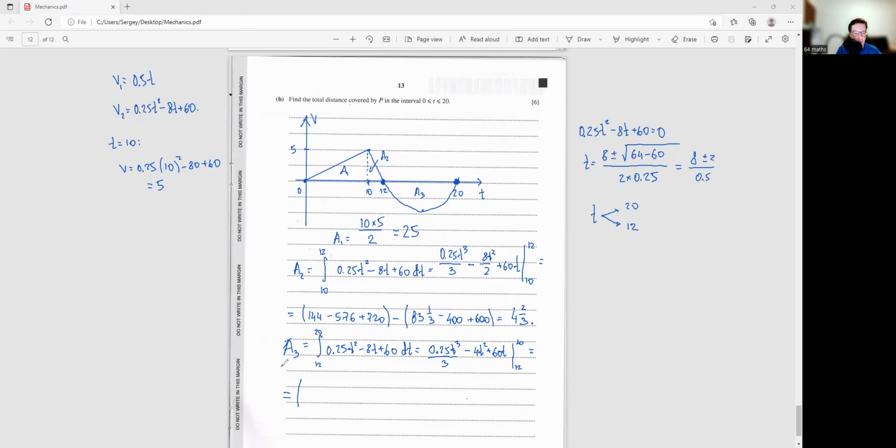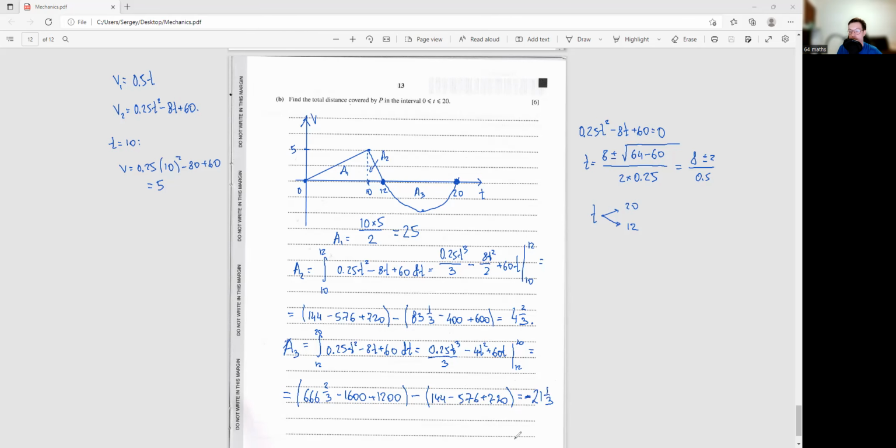I'm going to substitute the upper limit, 666 2/3 minus 1,600 plus 1,200 minus, and we've actually already calculated the lower limit when t equals 12. So I'm just going to copy it. That gives me minus 21 1/3.